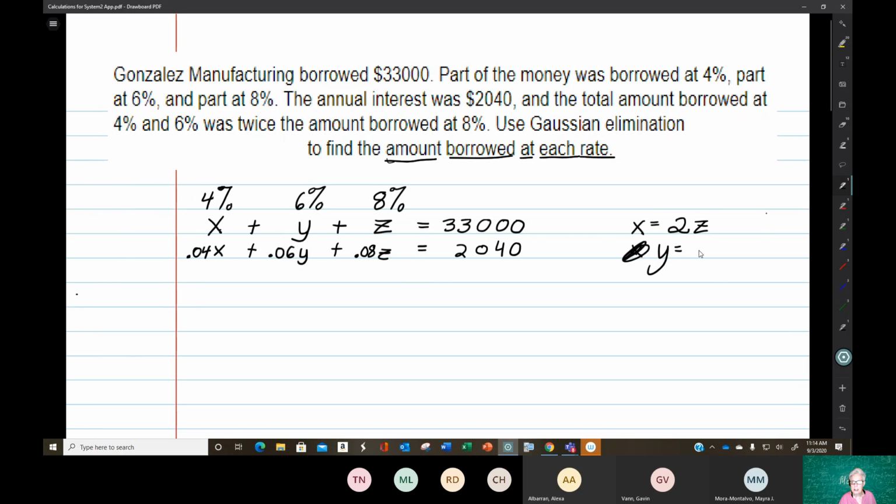And for Y to be twice the amount of Z, I would write that. Does that look right? Or should it be X plus Y is 2Z? The total amount borrowed at 4% and 6%.